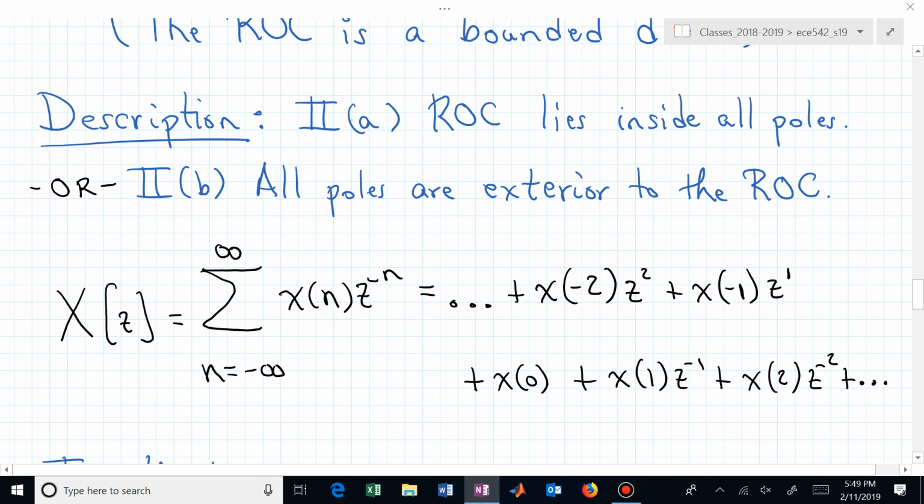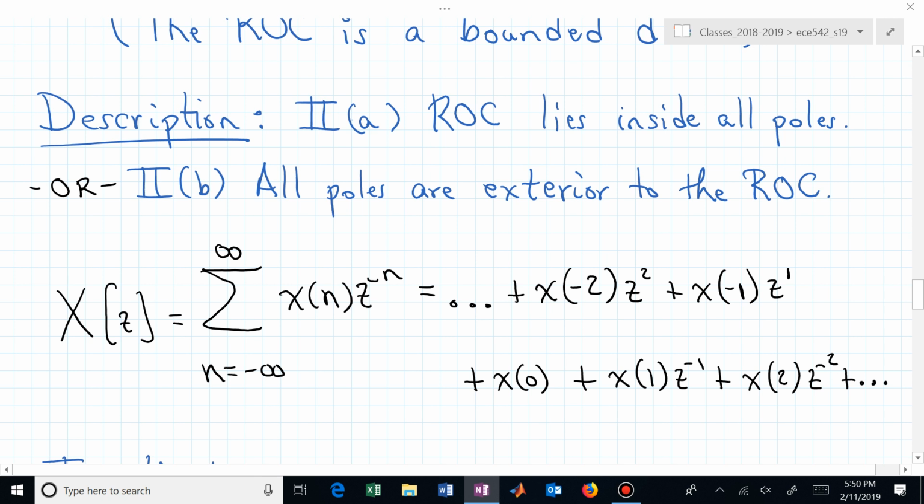Now we have little x of 1 divided by z, little x of 2 divided by z squared, little x of 3 divided by z cubed. We can't divide by 0 and have a bounded capital X of z. The z transform won't exist if those positive indexed x's are non-zero.